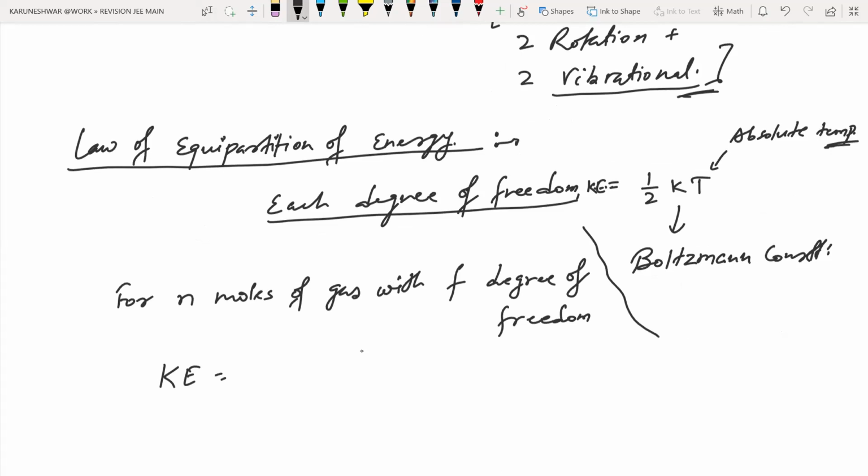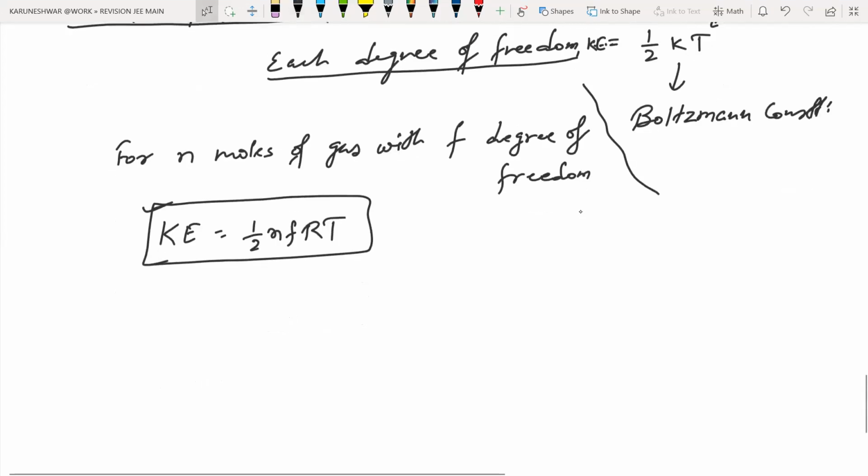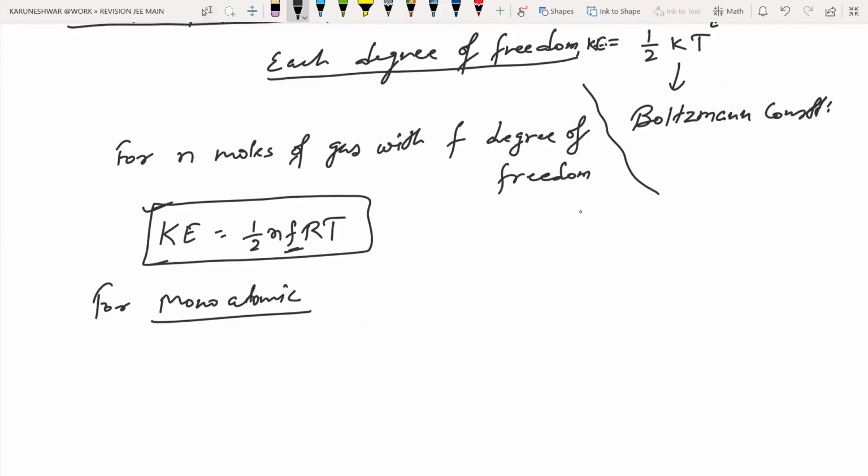We can write for n moles of gas with F degrees of freedom, the kinetic energy will be 1/2 nFRT. If it is monoatomic, then the kinetic energy will be different. What will be the degree of freedom for monoatomic? It is 3. So the kinetic energy for monoatomic gas will be 3/2 nRT.